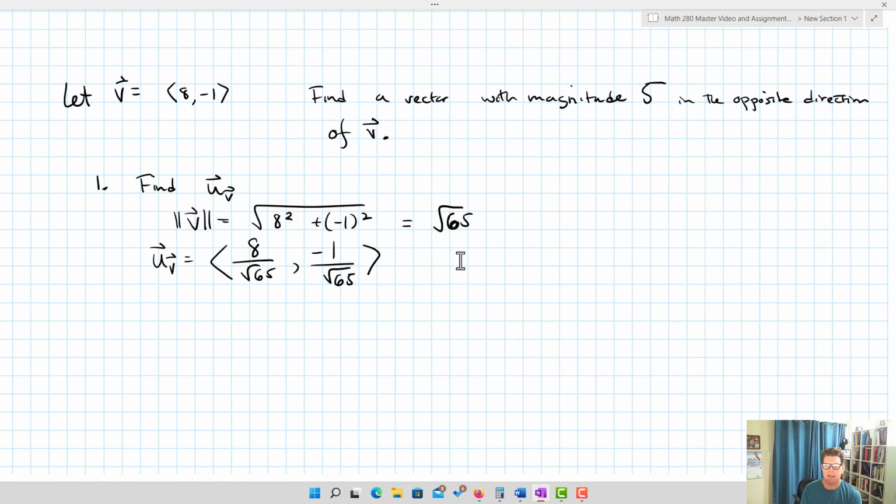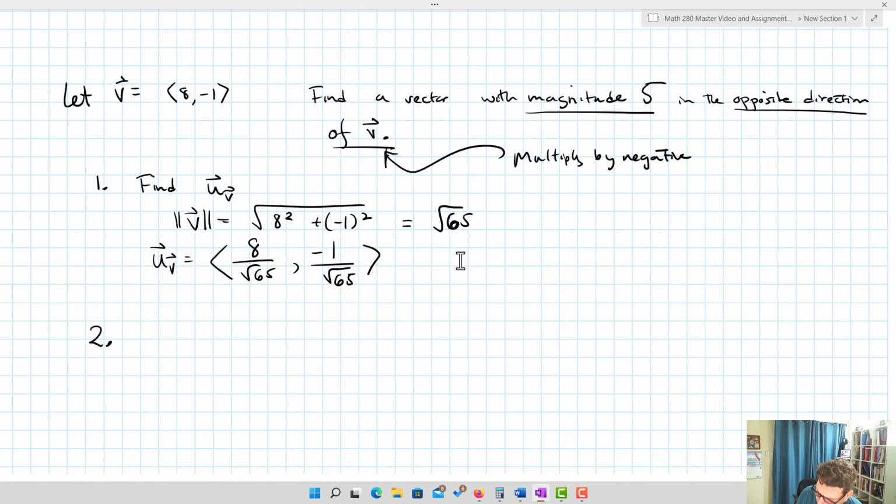Great. So now we want our new vector to have a magnitude of 5, but we want it to be in the opposite direction of V. To be in the opposite direction of V means to multiply by negative 1. So we're going to take negative 5 times 8 over root 65, comma, negative 1 over root 65.